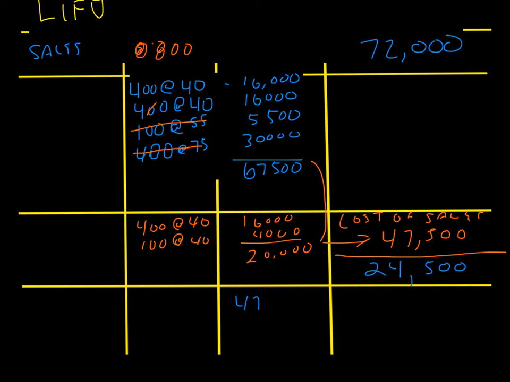So 47,500 over our sales of 72,000. I'm just going to use a K in there for 1,000. That equals 0.66 or 66%.